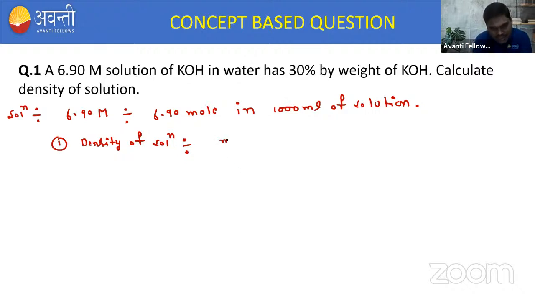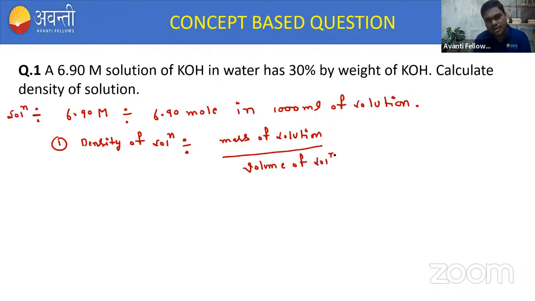So density of solution is nothing but mass of solution divided by volume of the solution. Remember this thing. We know the volume of the solution is equal to 1000 ml, right? We already know this thing. That is, the volume of the solution is the 1000 ml, if you want to consider this in ml.